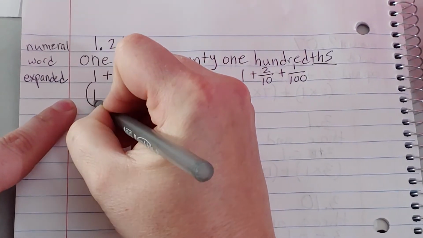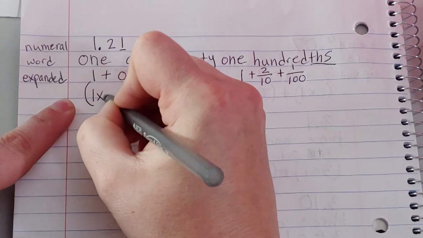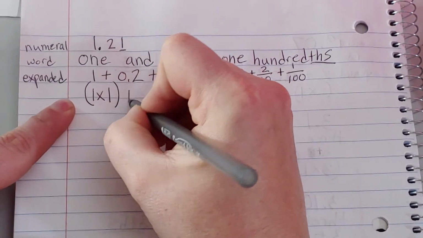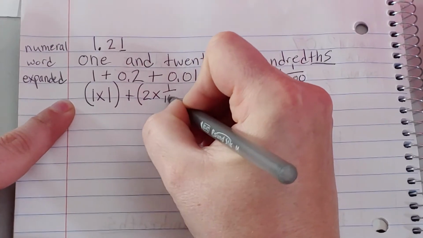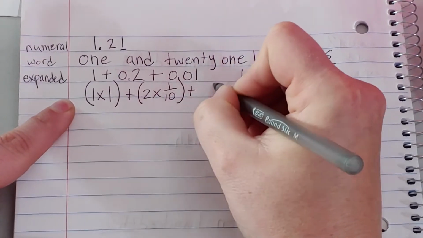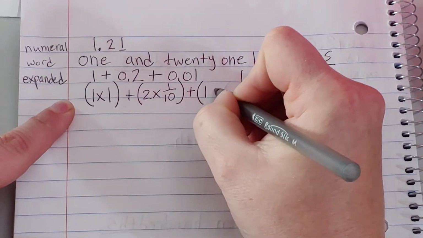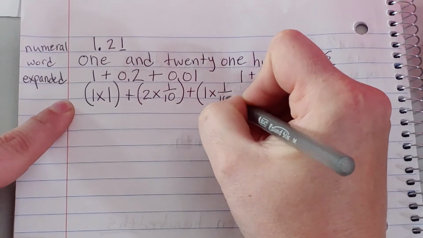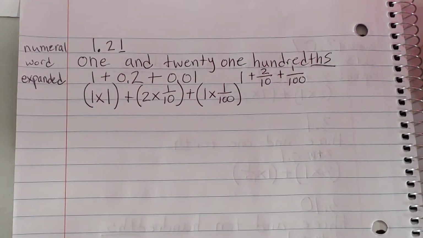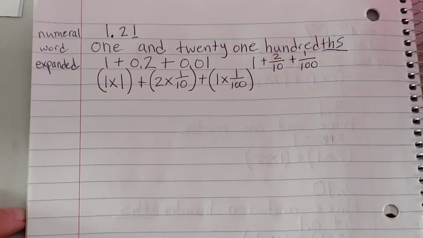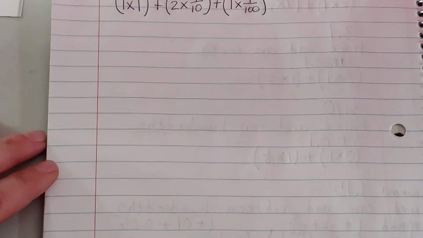Try this one. 1 group of the ones place and 2 groups of the tenths place and 1 group of the hundredths place. Nice work. Let's try and make it a little bit more difficult, shall we?